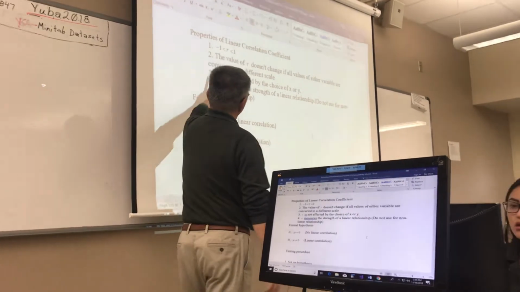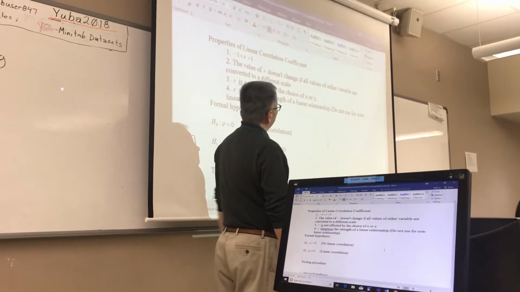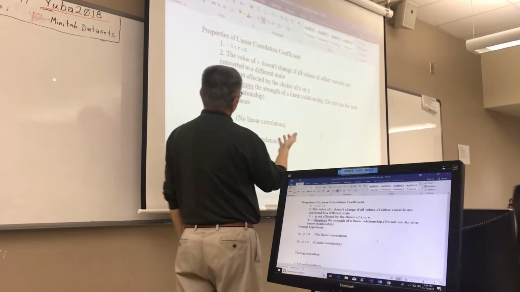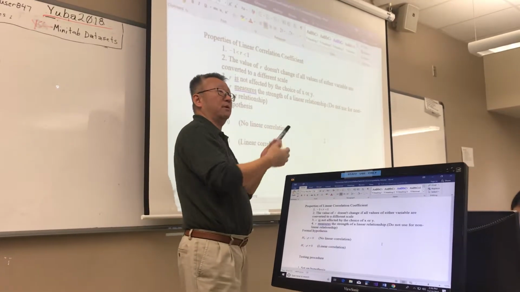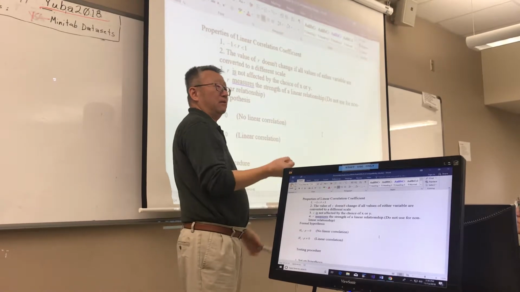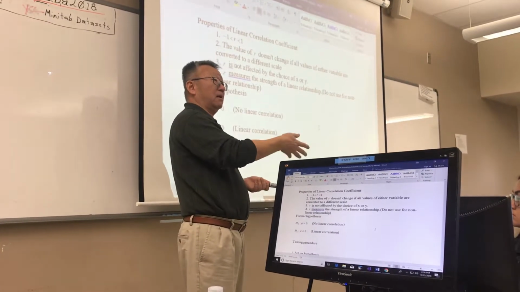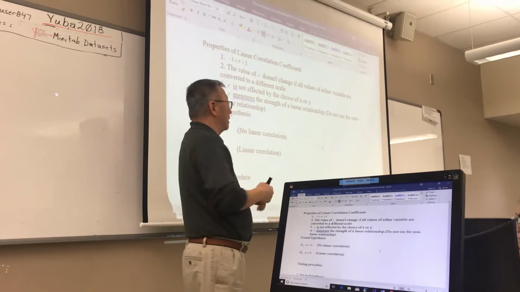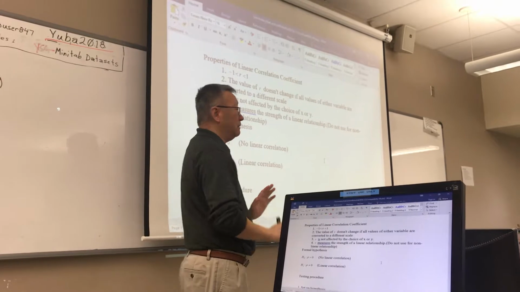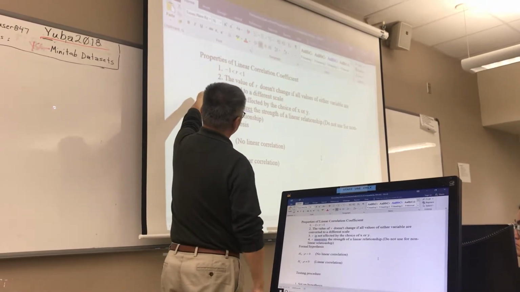The value of r doesn't change if all values of either variable are converted to a different scale. For example, let's say we found the correlation between American dollars and manufacturing goods, and we want to convert the American dollars to French francs or euros. It's not going to make any difference, because we are converting everything with the same scale.